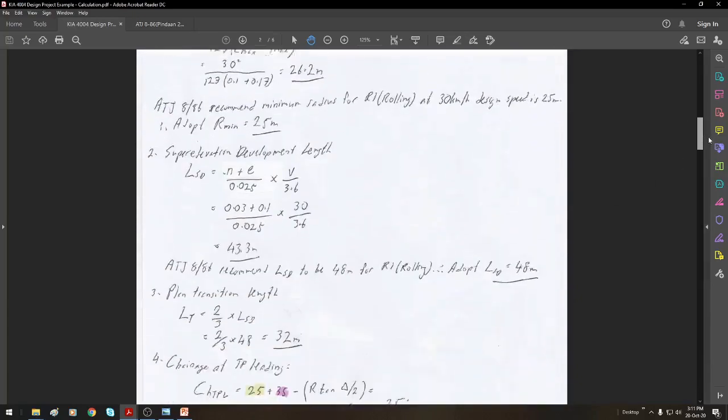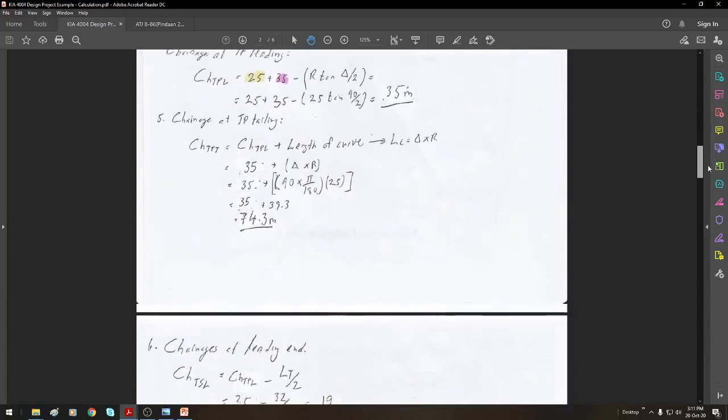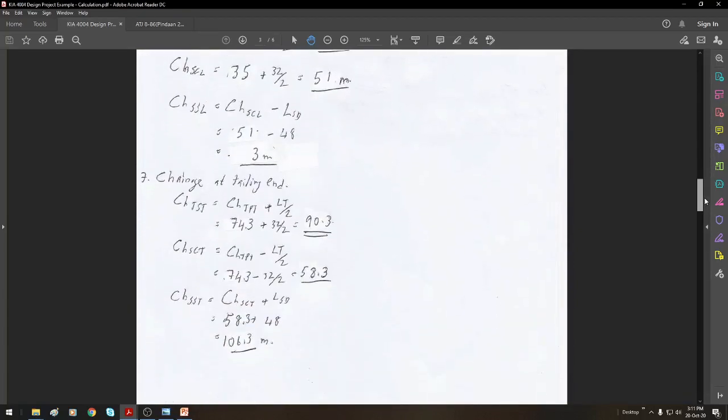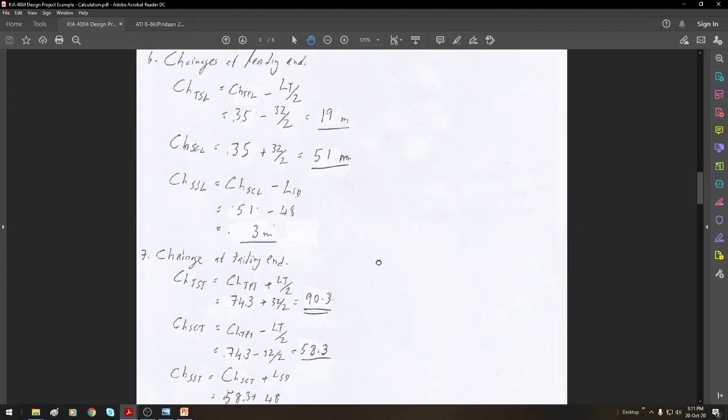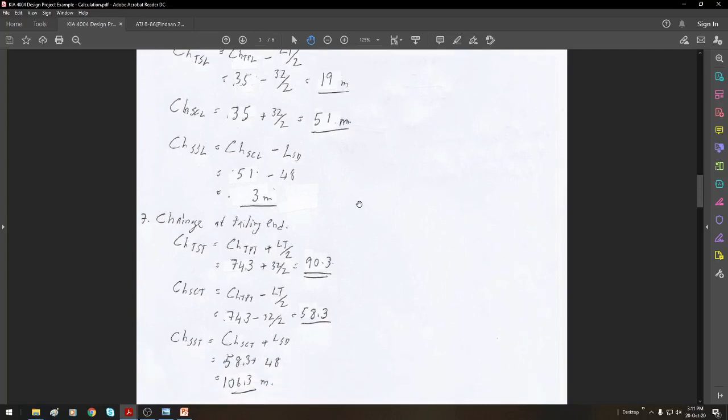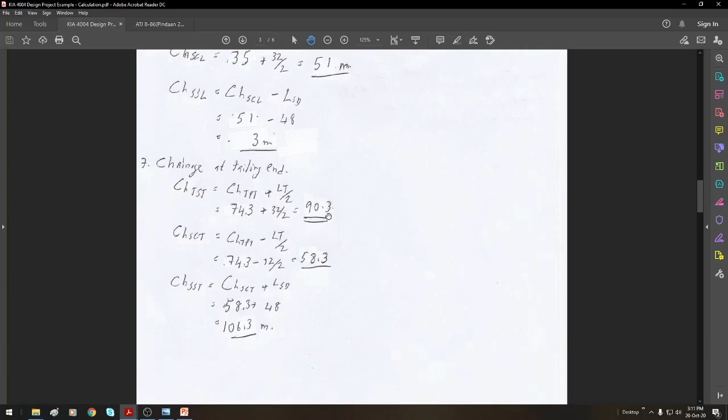Next, we calculate the tailing end. Same points, but on the other side. The difference is just plus and minus. This one, instead of minus, you add. Chainage of TPT plus LT over 2, so you get 90.3.